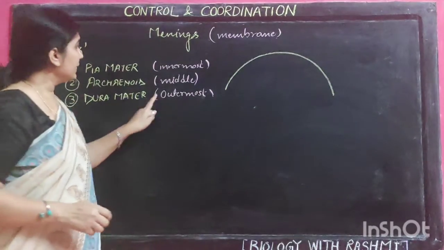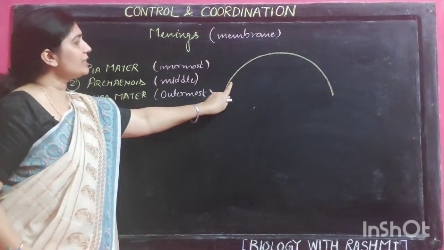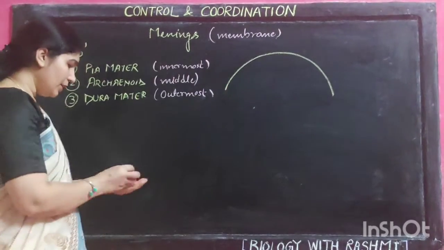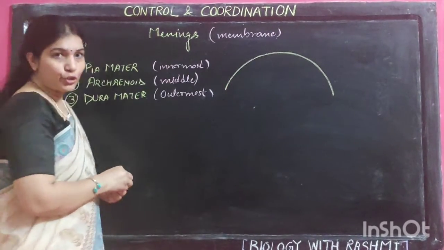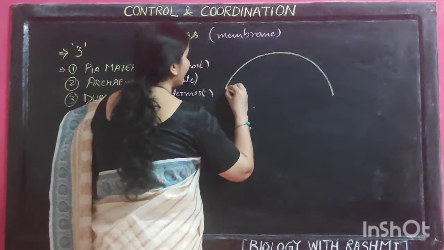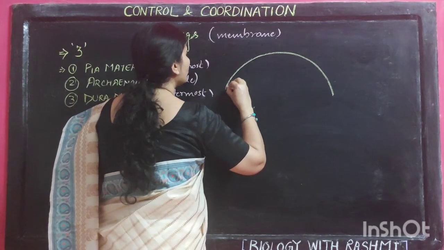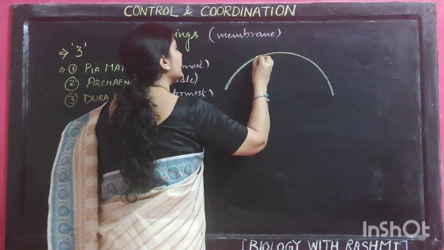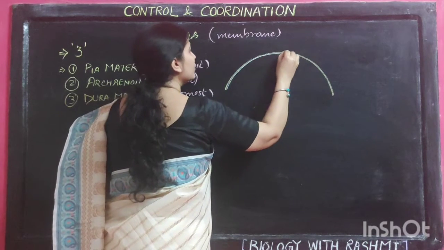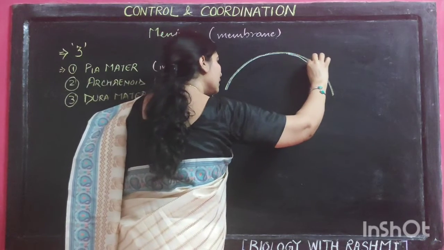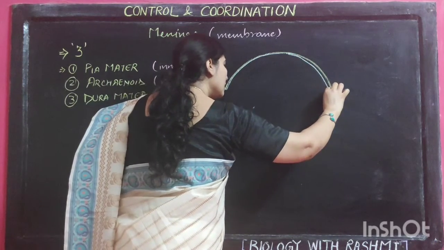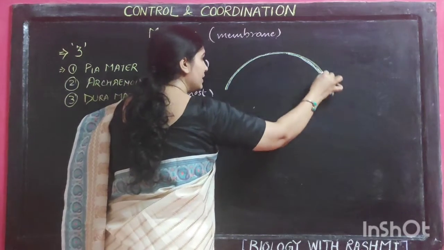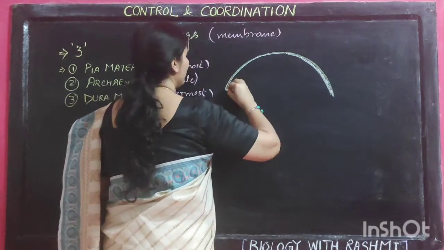The layer that is just adjacent to this cranium, the bony structure, is known as dura mater. I am drawing this very close to the cranium, very close. I think it is clear to you all. So this lining is known as dura mater.